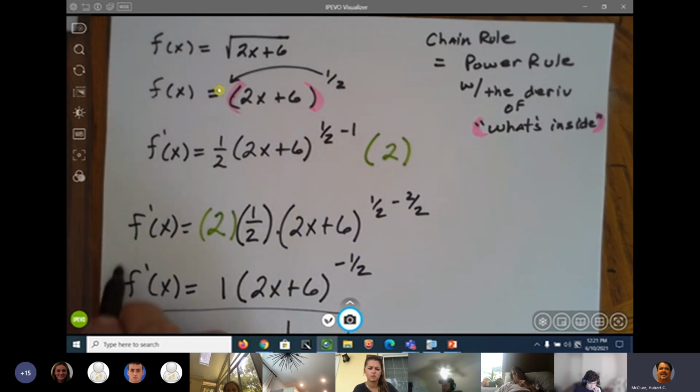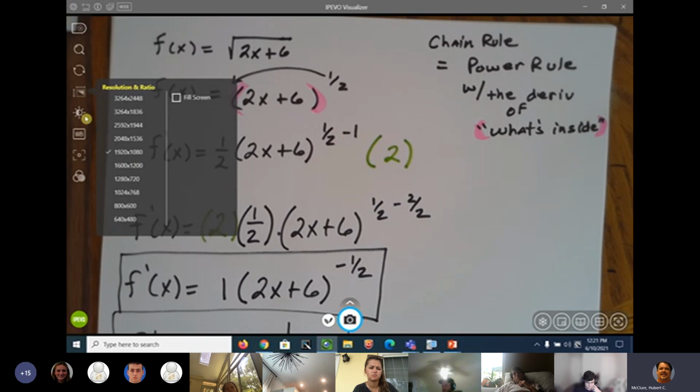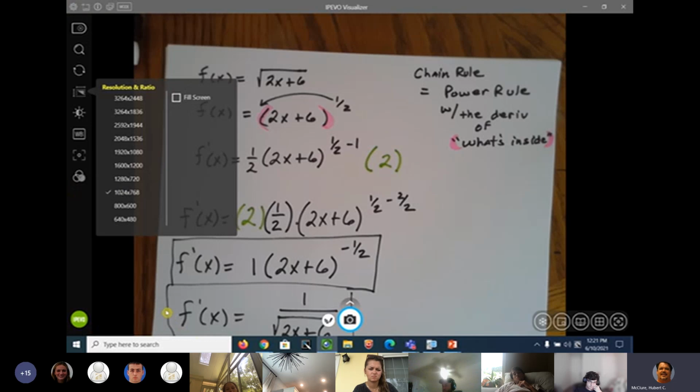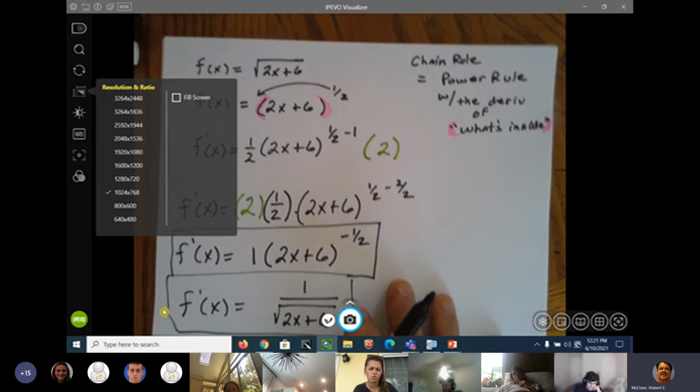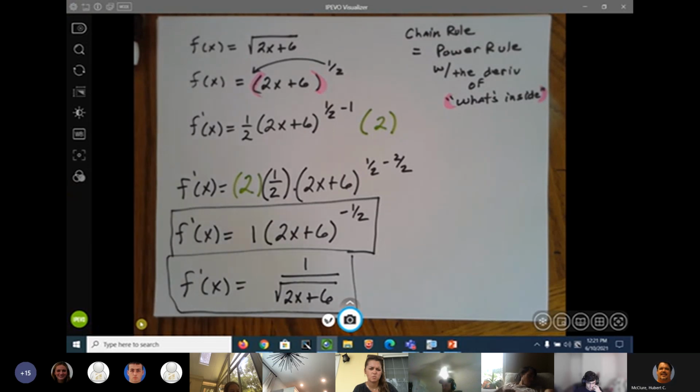Or you could write it like that. Remember, some cultures do not have a problem with a negative exponent. And there's one other way you could write it. You could rationalize the denominator.